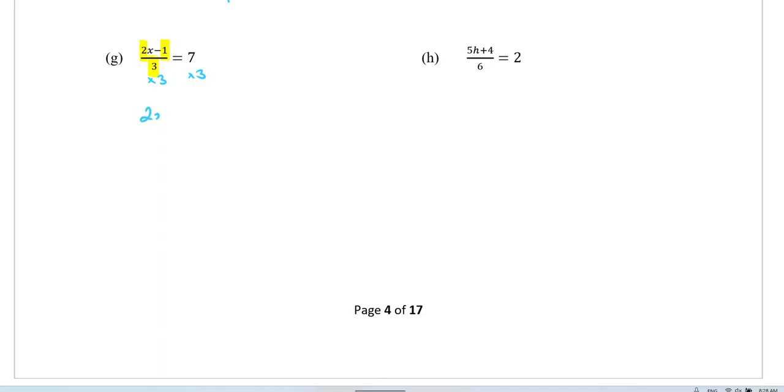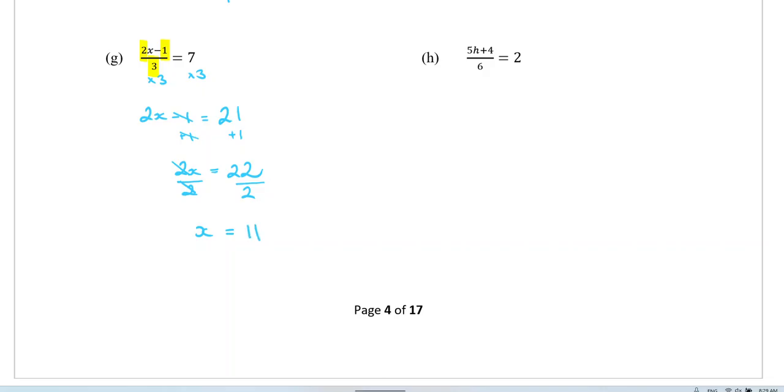So that's 2x take away 1 equals 7 times 3 is 21. The second step is going to be the 1. The opposite is to plus 1. That's 2x equals 22. Then the final step is, because the 2 is times with the x, we're going to divide by 2. x is finally by itself. 22 divided by 2 is 11.